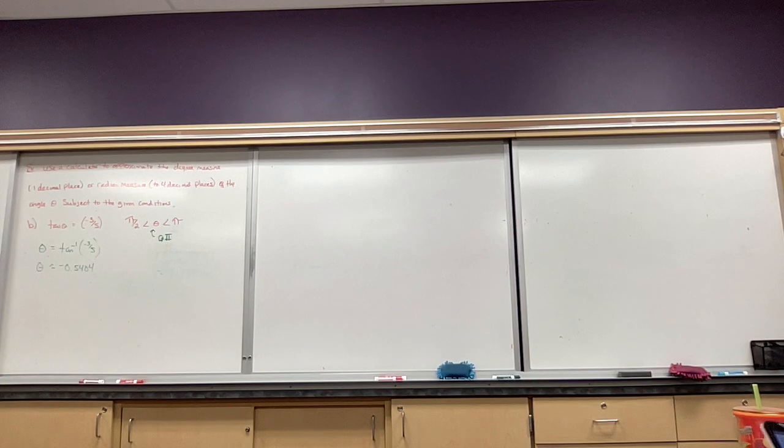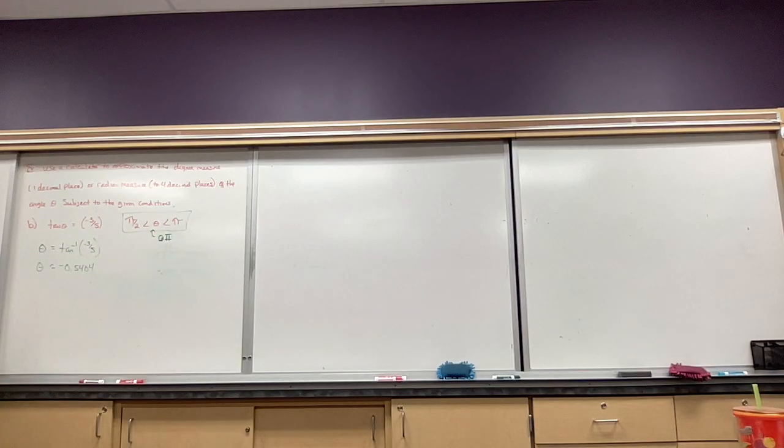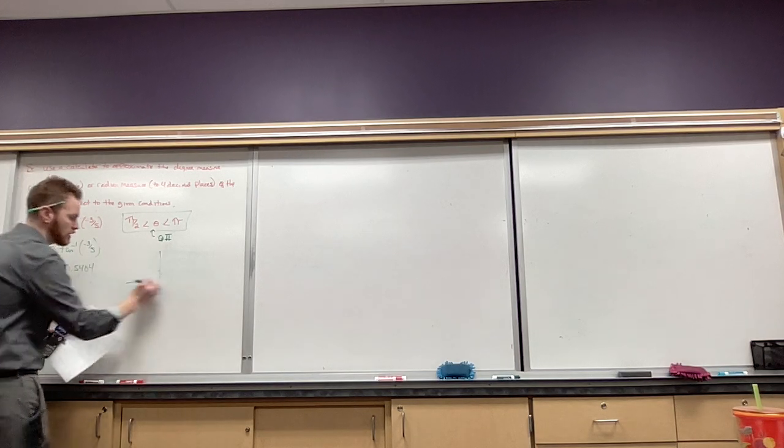Now, typically we'd be done, but they do give me this guy over here. They want the angle to be in quadrant 2. And if you remember from yesterday, tangent, we restricted it from quadrant 4 and 1. Okay, -pi/2 and pi/2. So how do I get to quadrant 2 with that? Okay, well, we're going to find the reference angles, right? So let me just go ahead and draw this.